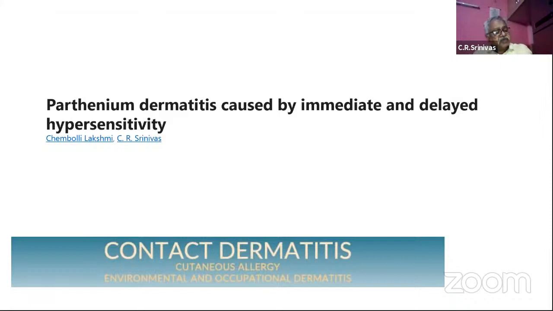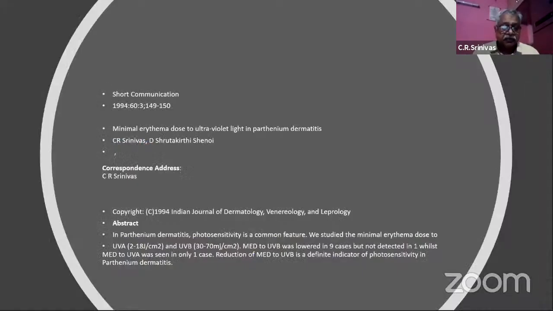Like if you do a prick test with Parthenium, you can get an immediate one, and after 24 hours, you can get induration over there. And then if you do a patch test, after 48 hours, Parthenium is one of the few conditions where if you feel with the fingers, you will feel an induration. That means there is an allergic contact dermatitis on the top and a late phase reaction below, which is what you are feeling with your fingers.